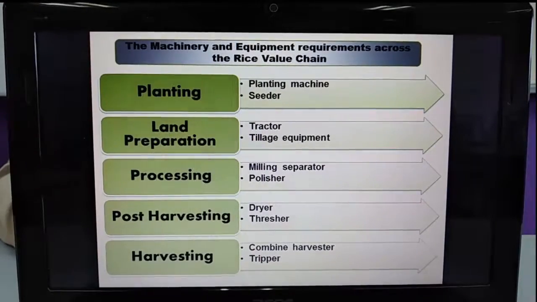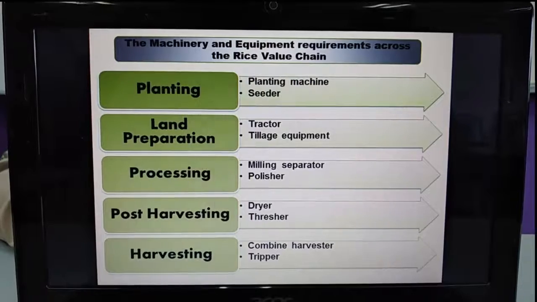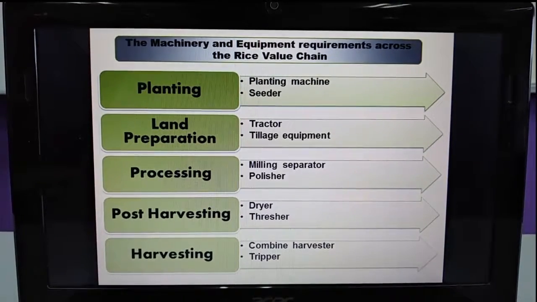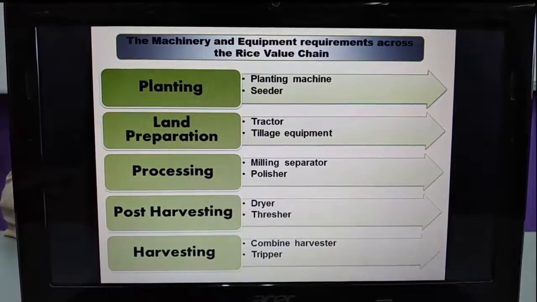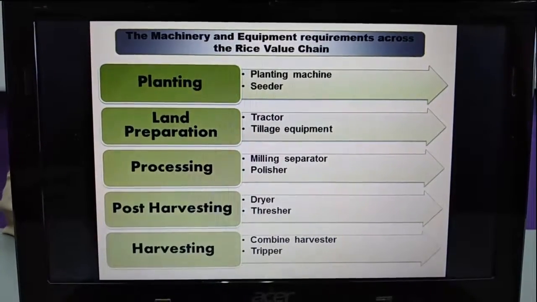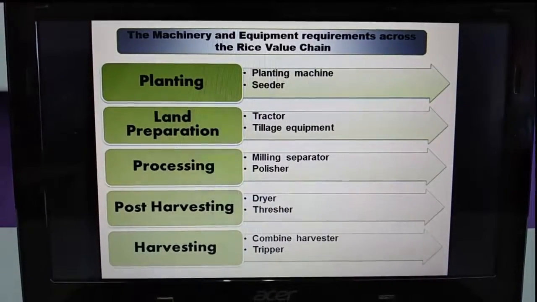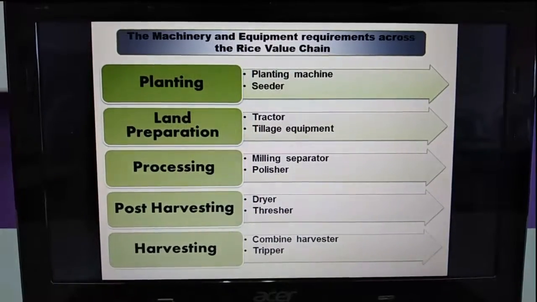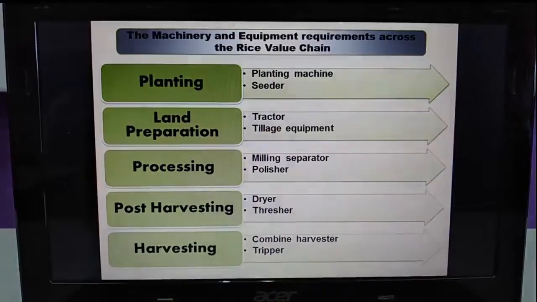Next is processing, where we use a milling separator, whitener, polisher, and parboiler. Next is post harvesting, where we use a dryer and thresher. And last is harvesting, where we use a combine harvester, reaper, and stripper header.